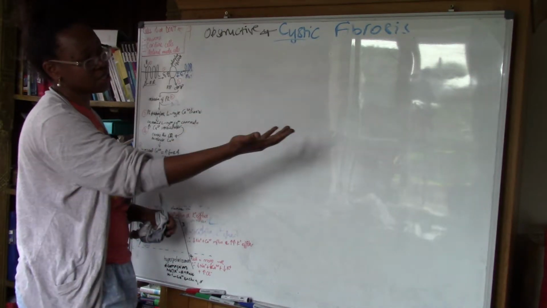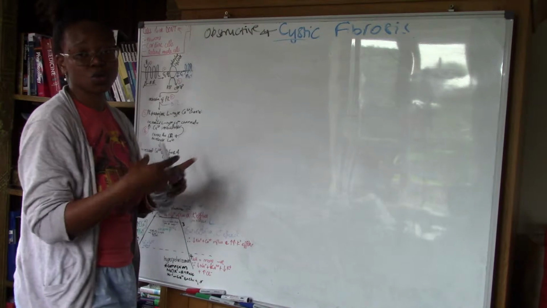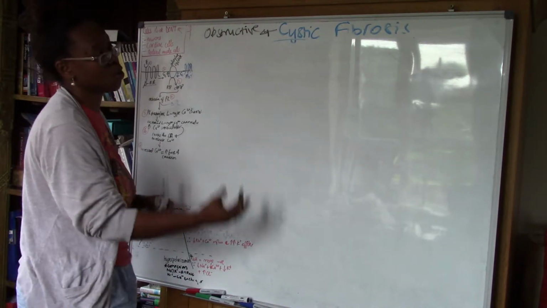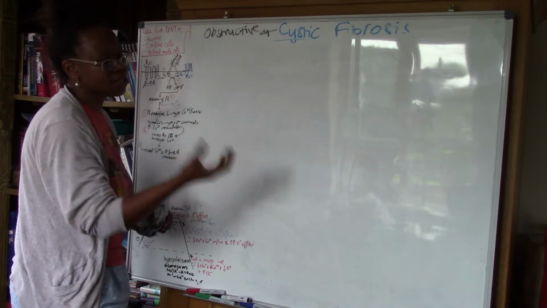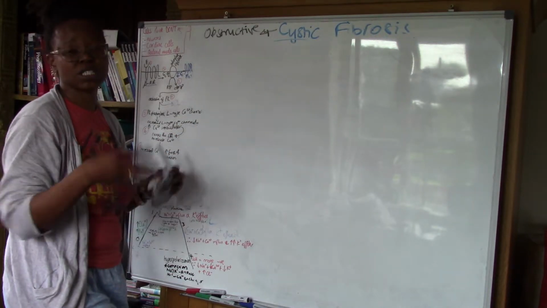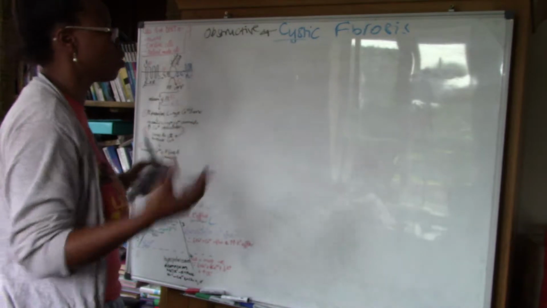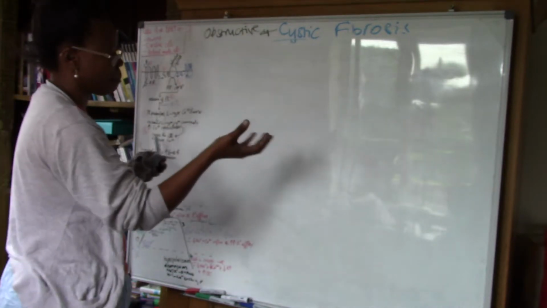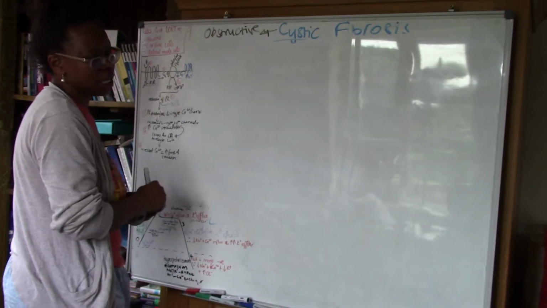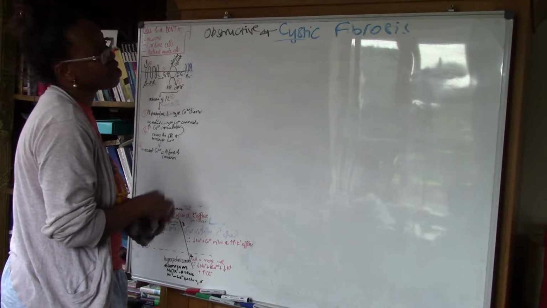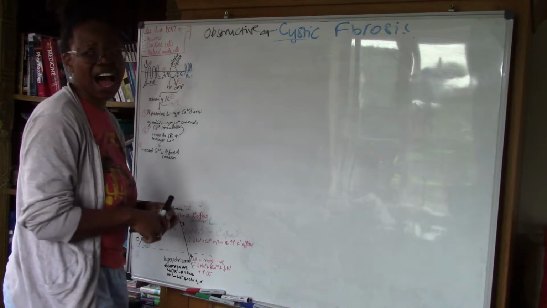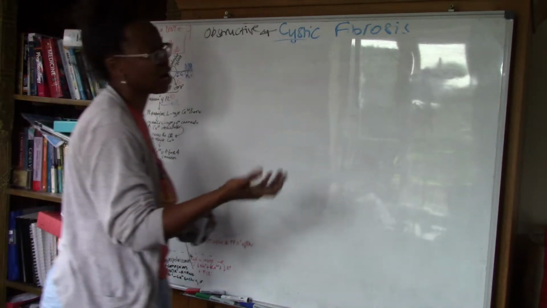In the pancreas, similarly, there is autodigestion because of the blocked ducts. In the sweat glands, there's a lot of sodium chloride which is then perspired, and a lot of perspiration due to the amount of water that's in the sweat glands and ducts. And then in the GI, there will be rectal prolapse.